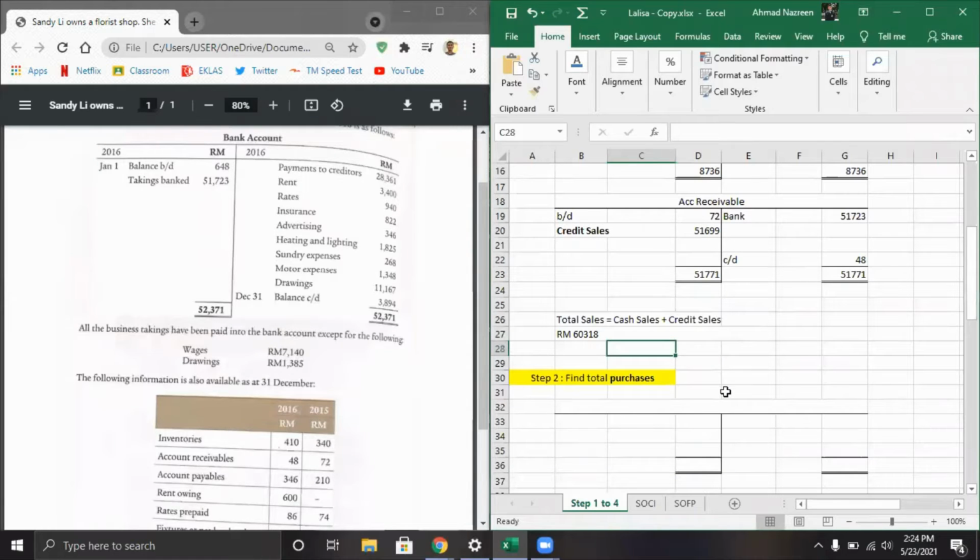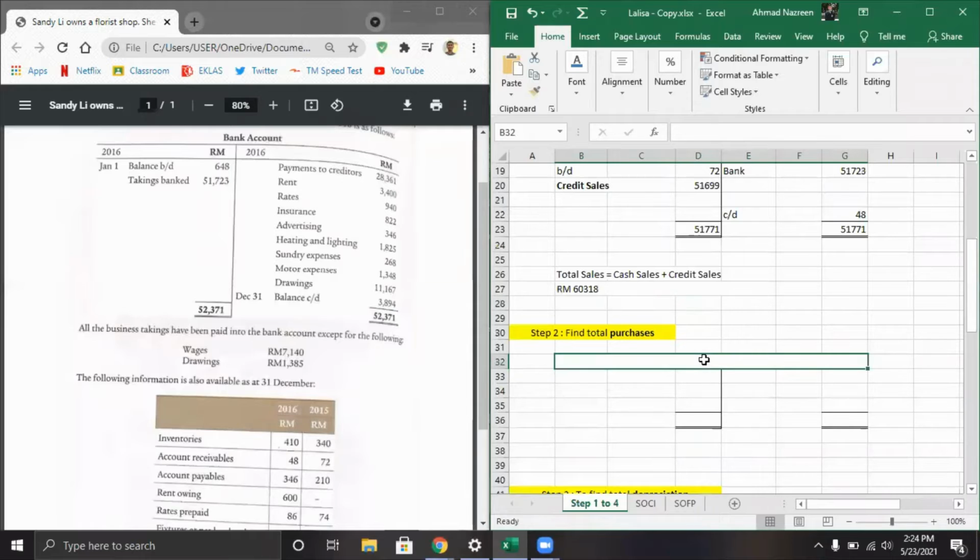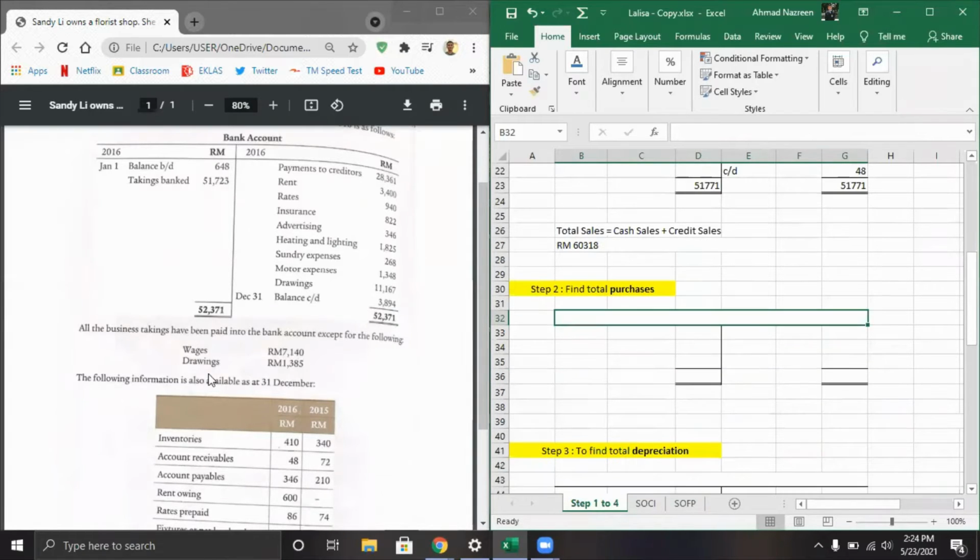Now we need to find the total purchases. So Azrana, how do we find the total purchases? The title for the account is accounts payable.